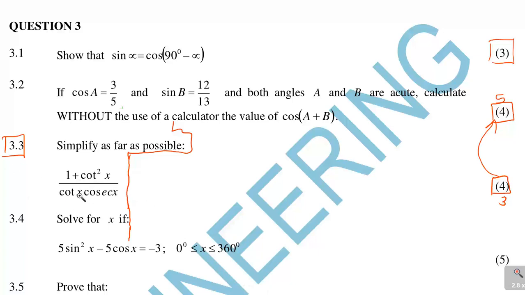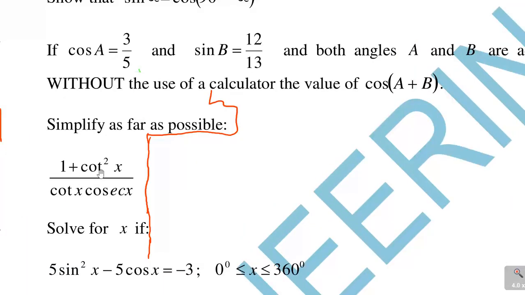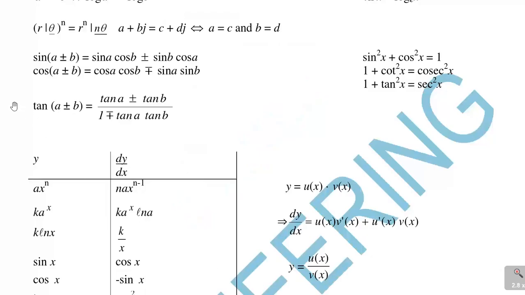If you go to the formulas, you see I have this 1 plus cot squared. See that? So what is 1 plus cot squared? It is cosec squared x.